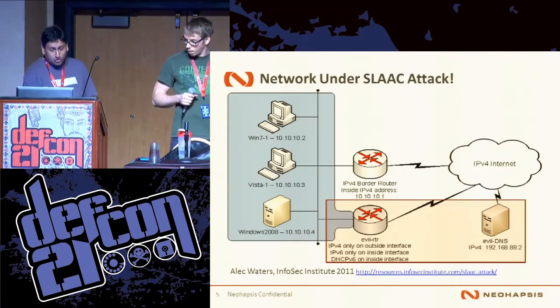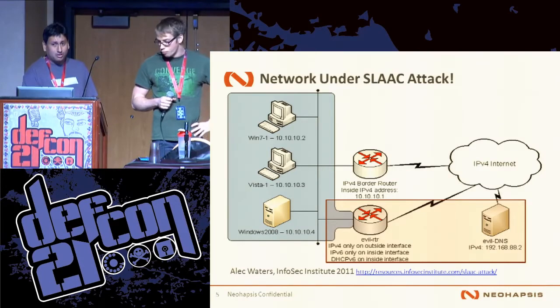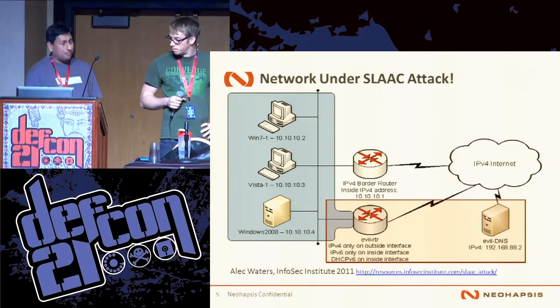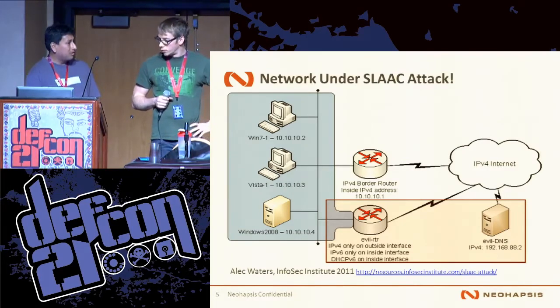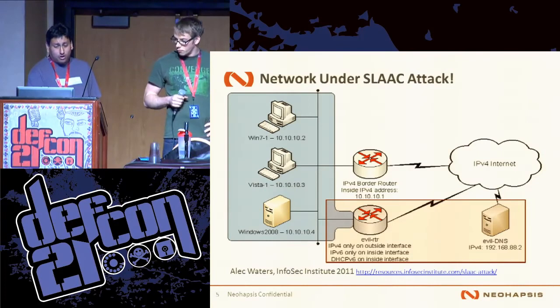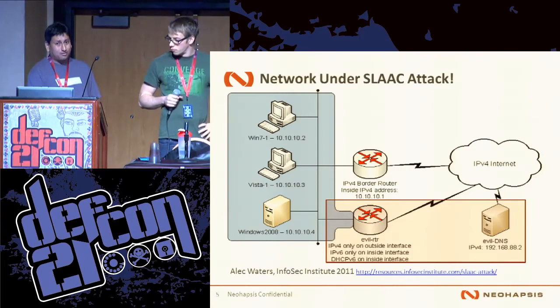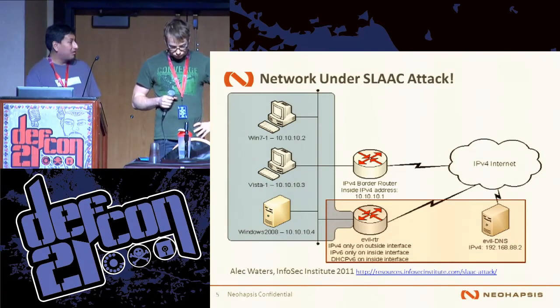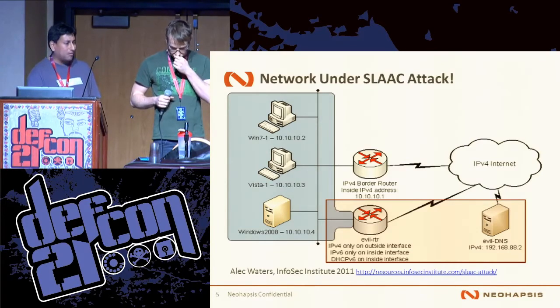Although there are two nodes on here, the evil router and the evil DNS are intercepting traffic. They're running an IP version 6 network, which is the node in blue. Then it passes traffic through their packages and their DNS, again their own host, and then resends it out over the IP version 4 network.